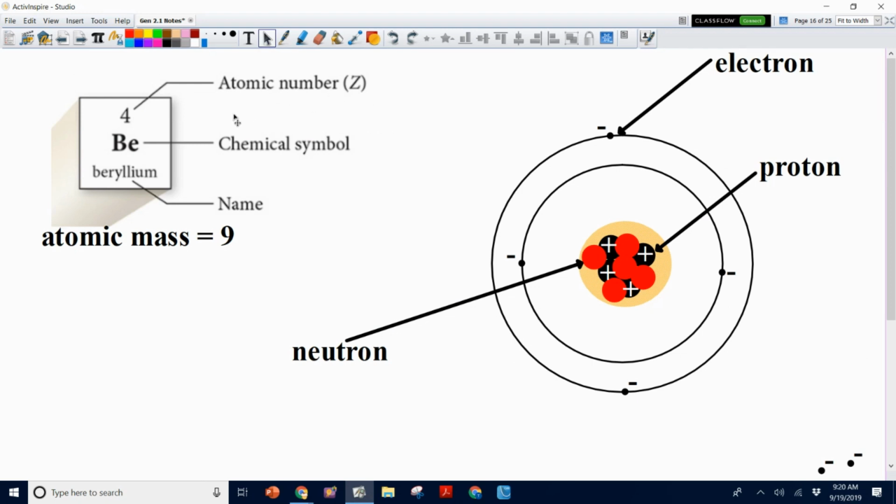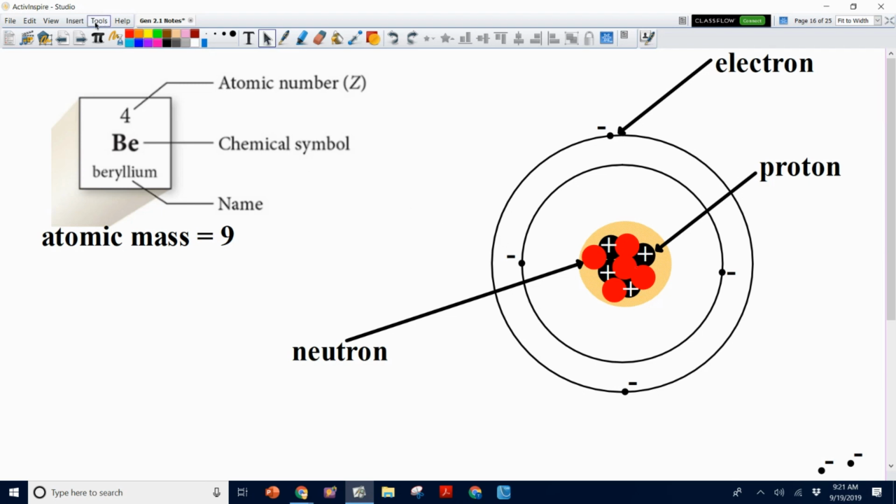The atomic number is the number of protons in the atom, positively charged protons in the nucleus of the atom. So I've taken beryllium here, and in the nucleus, the center, these black spheres I use to symbolize the protons. So it has 4 protons in the center of beryllium.